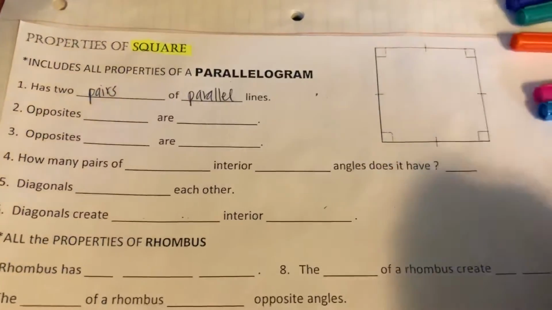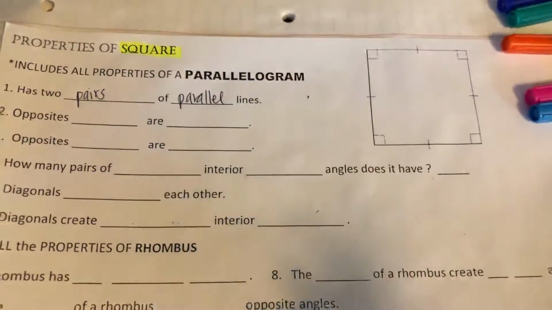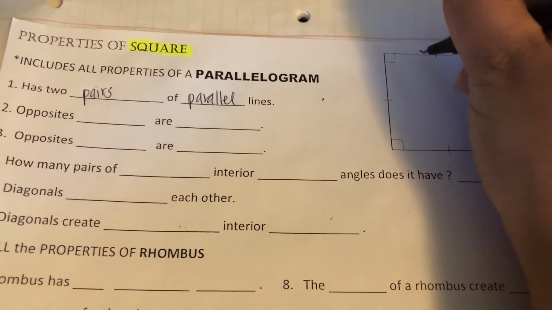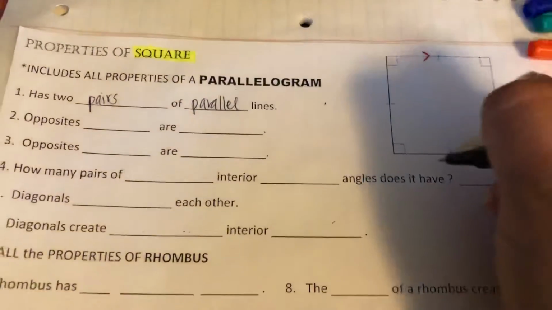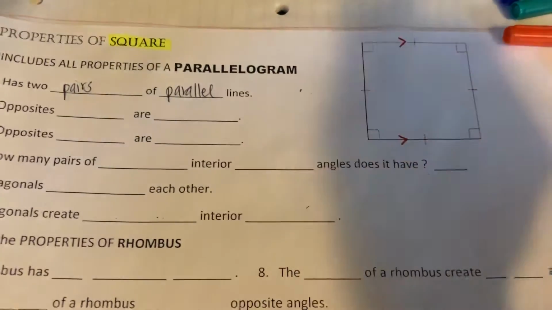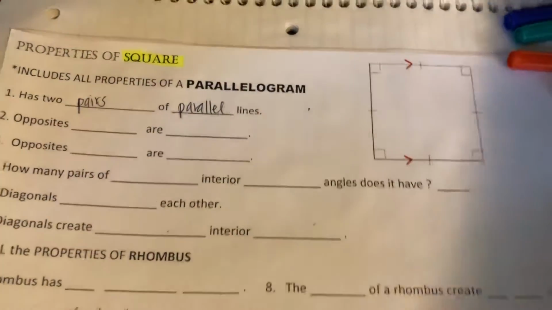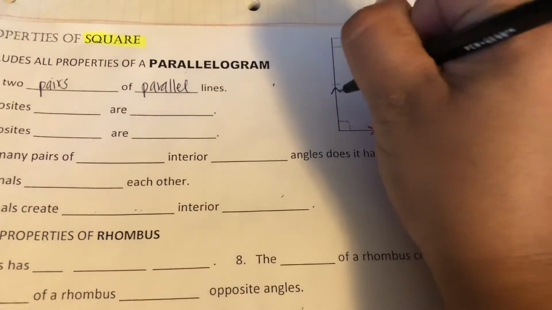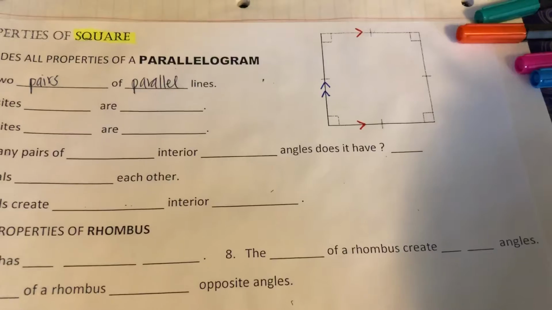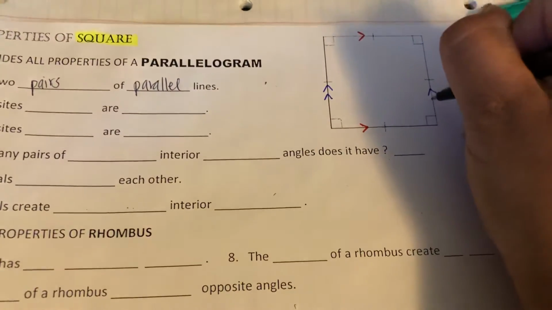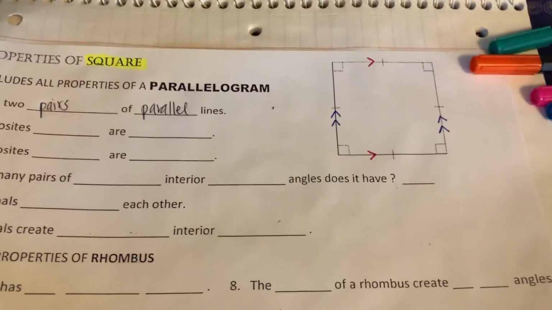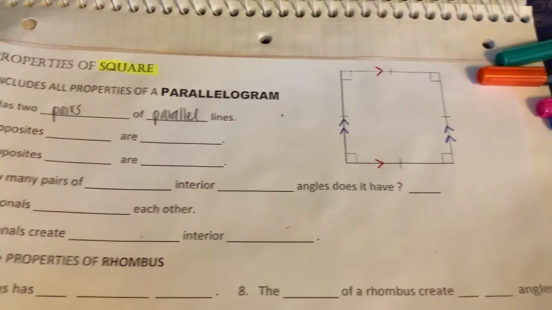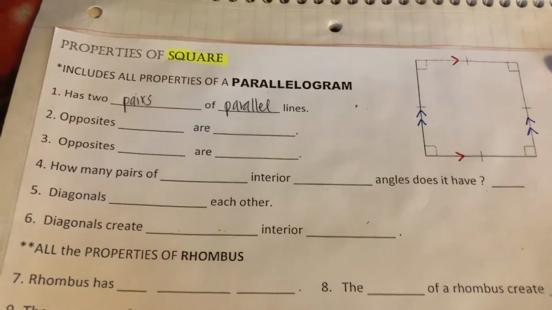We can go ahead and do those markings so that you can see that the top line is parallel to the one on the bottom, and the line on the left is parallel to the line on the right. Pretty easy.